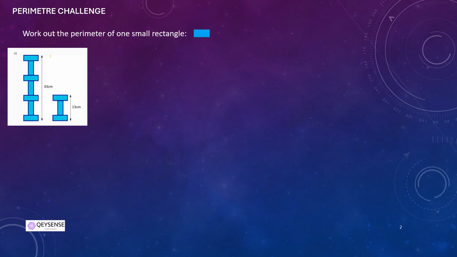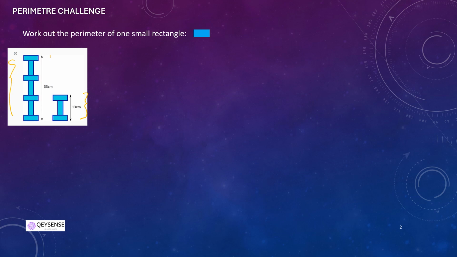Here we've got a small rectangle that's used to make up two towers, a little small tower, which is this one here, and a big tower, which is this one here. The key thing we're trying to find is the perimeter.